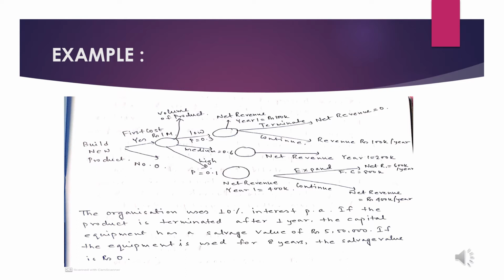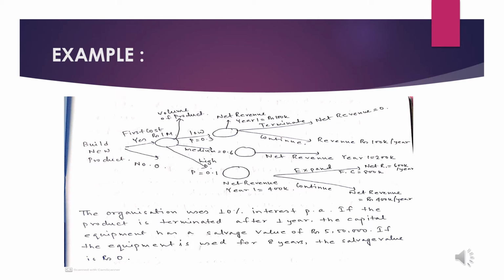When the organization faces low volume production, net revenue for year 1 is 100,000, and from that, if the organization continues or wants to terminate, the net revenue becomes 0 for the termination, and for the continuation part, the revenue sticks at 1 lakh per year.